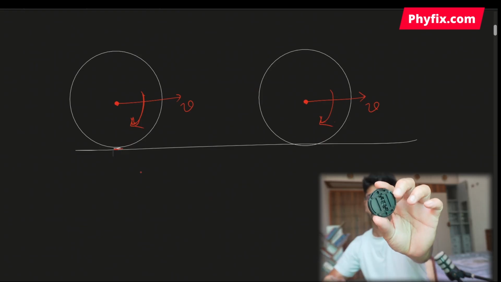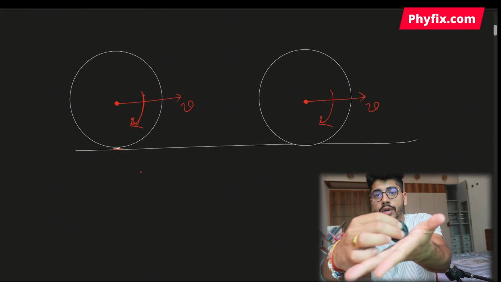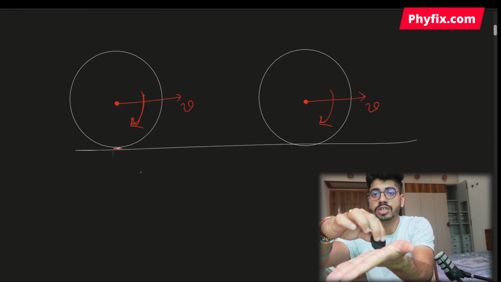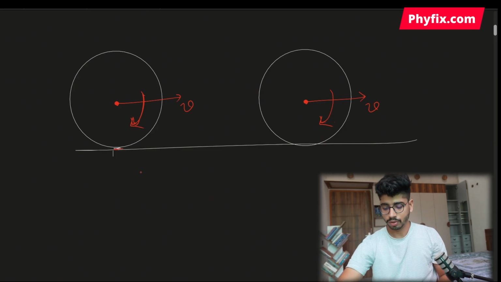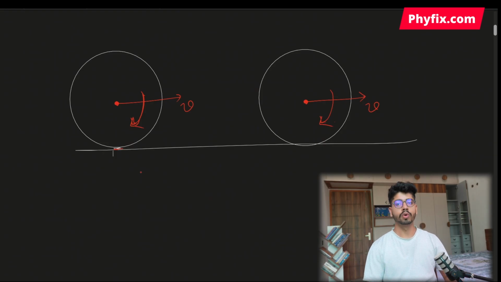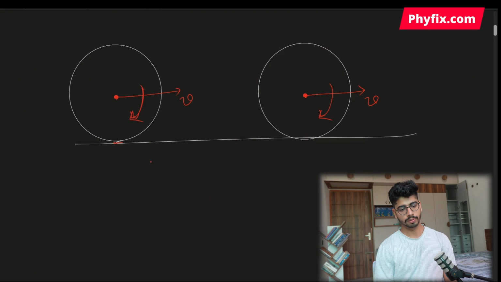You can think of this as a lens, and it is rolling like this, not slipping like this. So we have pure rolling motion, which has both linear motion as well as rotational motion.